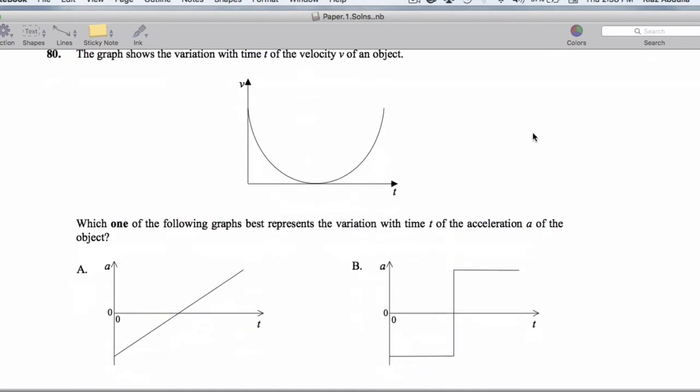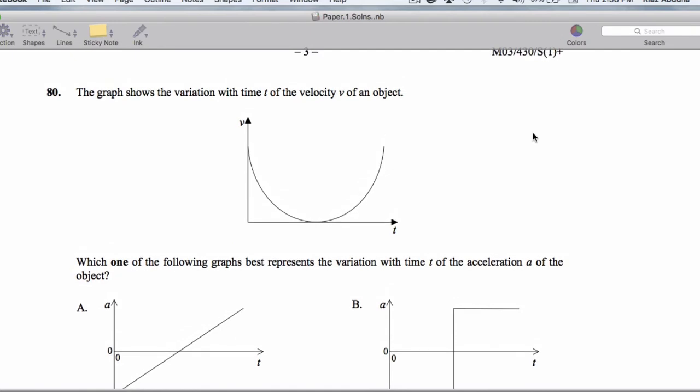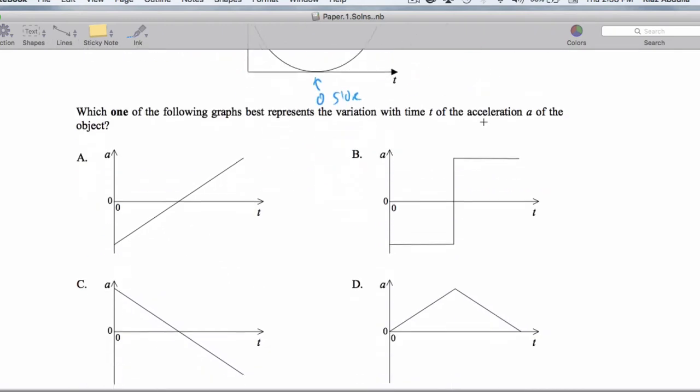And then question 80. Velocity versus time, and we want acceleration versus time. So let's remember, acceleration is the slope. So I have a big negative slope, which is A. I have 0 slope, and then a big positive slope at the end.